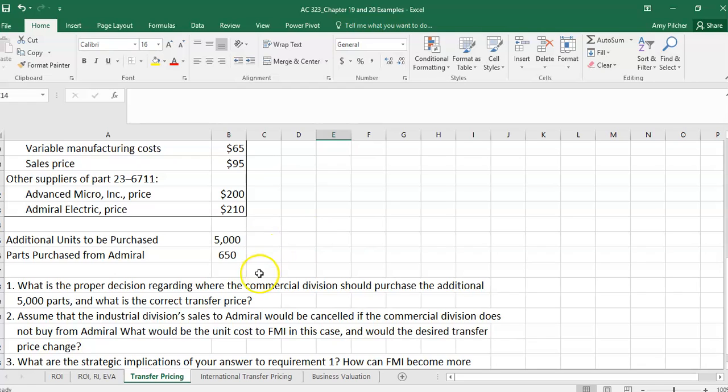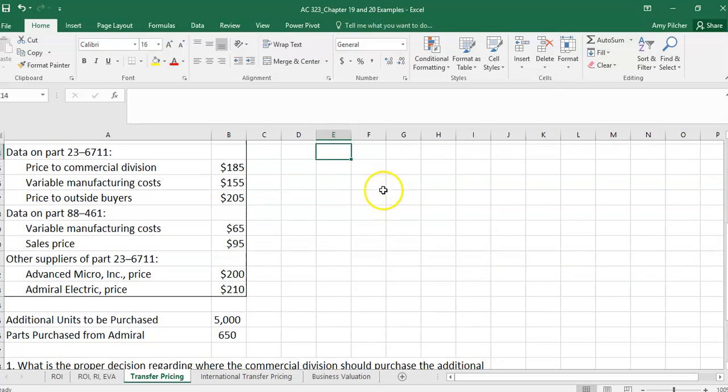So we see that the Micro price is $200 and the Admiral Electric price is $210. So if we assume that we're buying from the industrial division, they're at full capacity.